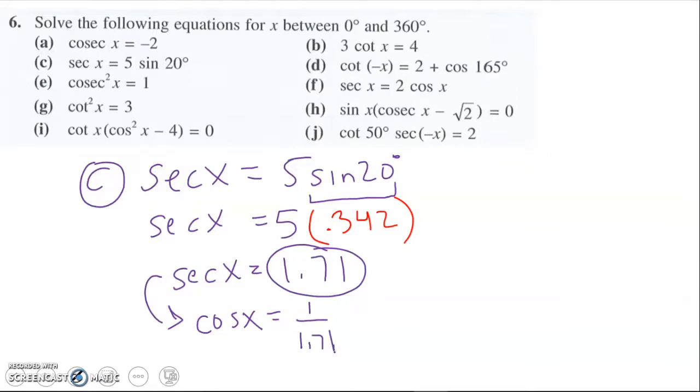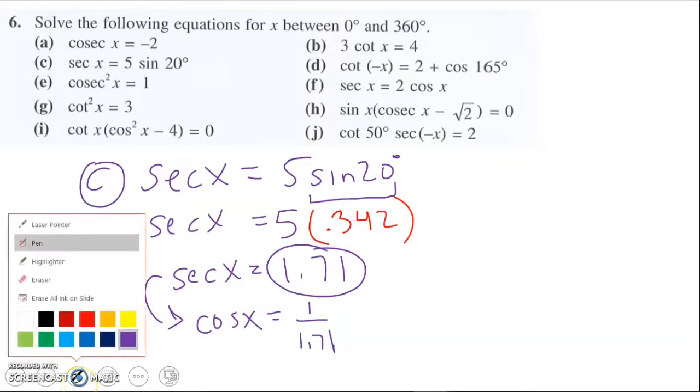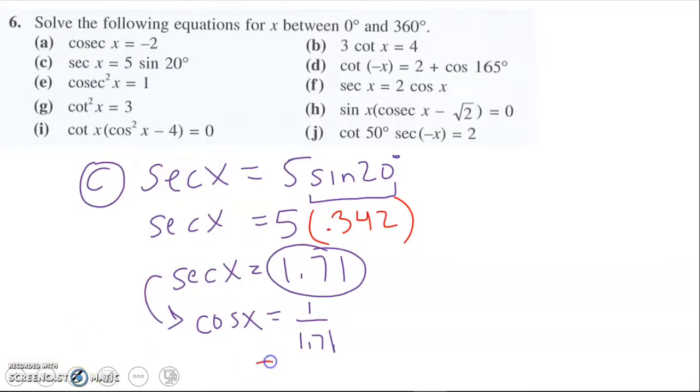So, again, you're going to go into your calculator, you're going to do shift, cosine, and cosine inverse is going to pop up, and you can find the angle associated with that. Once you do that, you'll find out the angle associated with this is 54.2 degrees.